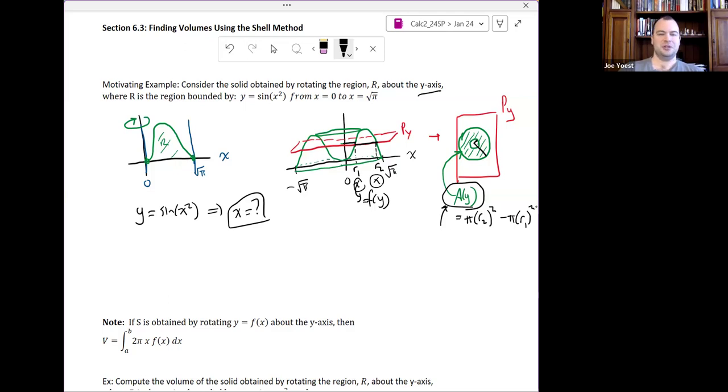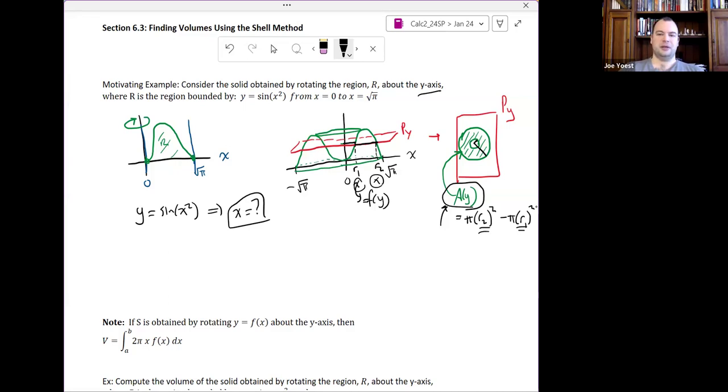Number one, this just isn't going to be very nice to invert. I'm going to have a plus or minus square root deal going on here. It's going to be annoying algebraically, but probably the bigger problem is that I need to plug into here and then integrate. I'm going to have a very messy function to integrate.